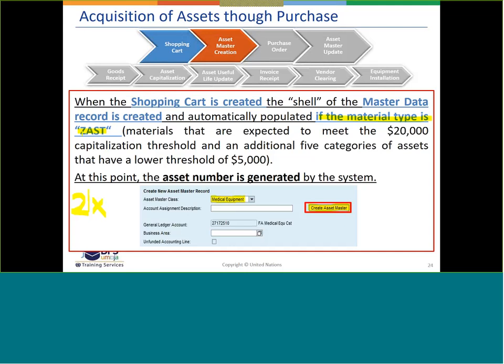But if they select a material that is not SAS, not a fixed asset material, the system will not create the asset master record. So you may have financial statements where you have expensed completely a fixed asset because it was not recorded as a fixed asset. Do you have any question about this SAS material?